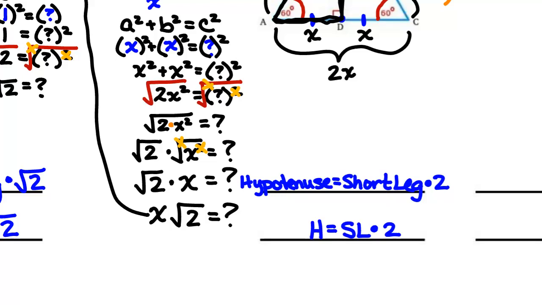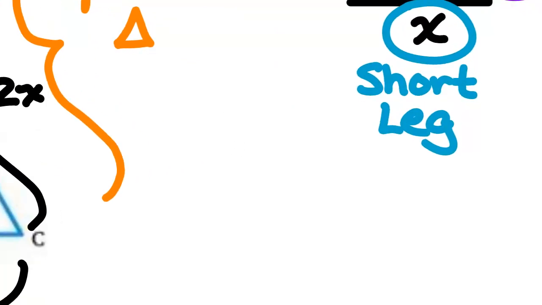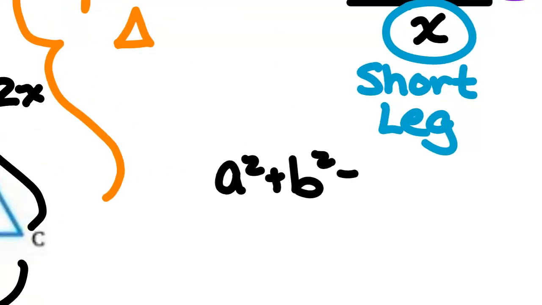I want to try to find a relationship now for the long leg in this 30, 60, 90 triangle. So we're going to use Pythagorean theorem like we did yesterday to try to find a relationship here. So a squared plus b squared equals c squared. How big is the hypotenuse again?